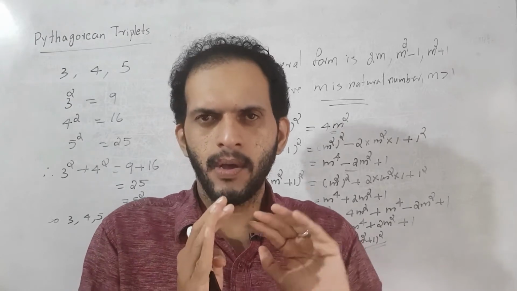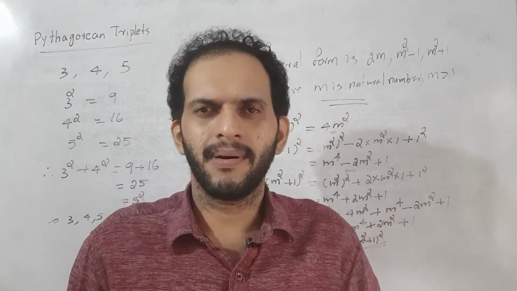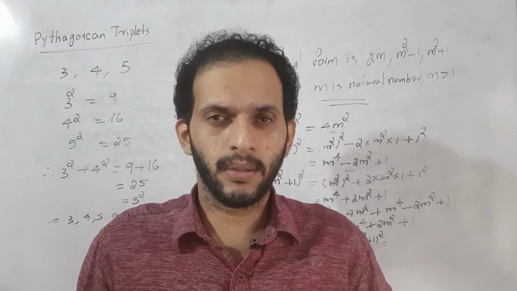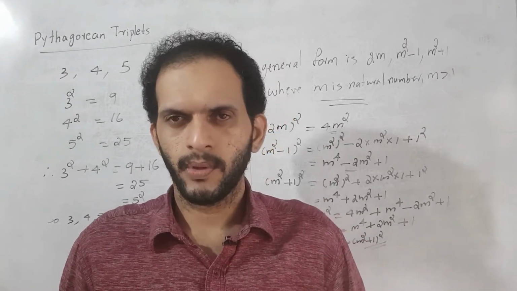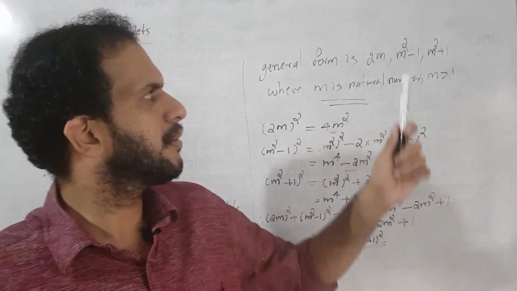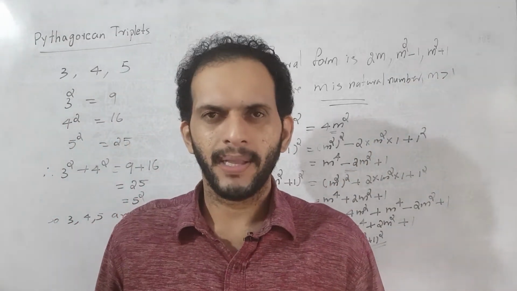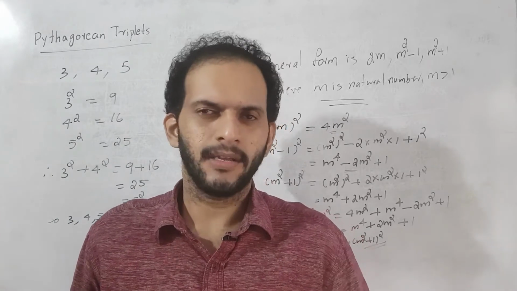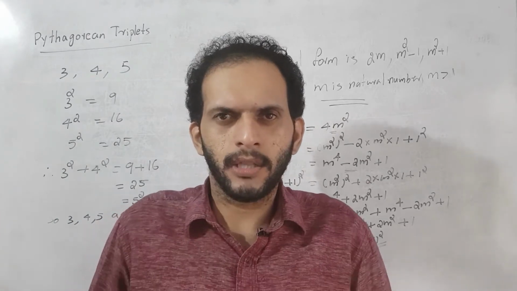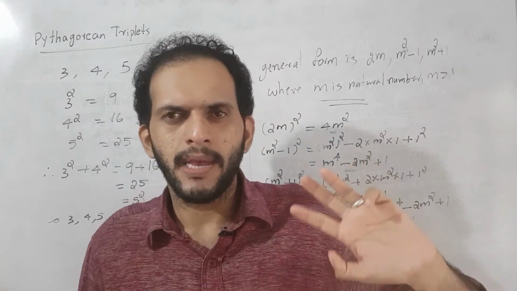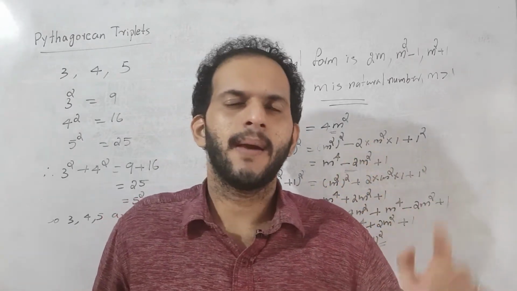The sum of squares of the two smaller numbers is equal to the square of the largest one. Okay, that is why we call this a general form of a Pythagorean triplet. What is the general form of Pythagorean triplet? Always the Pythagorean triplets are in the form of 2m, m square minus 1 and m square plus 1.